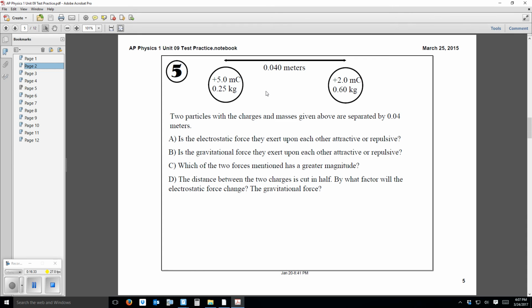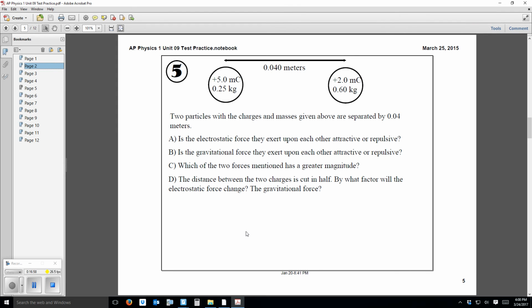So if we take a look at that equation, F is k Q1 Q2 over r squared. k, Q1, and Q2 are all going to stay the same, so we'd put ones in for those in the equation. But as the distance is cut in half, it would be 1 over (1/2) squared. So 1 over a fourth, which is 4 times. So our electrostatic force would be 4 times as big.